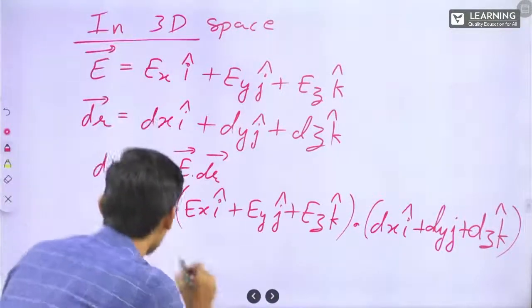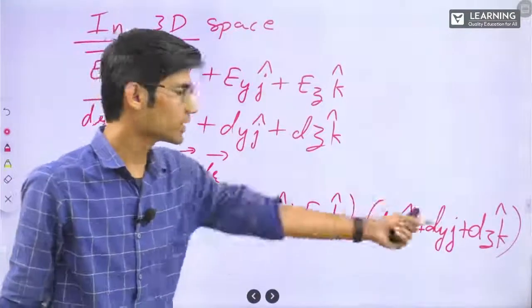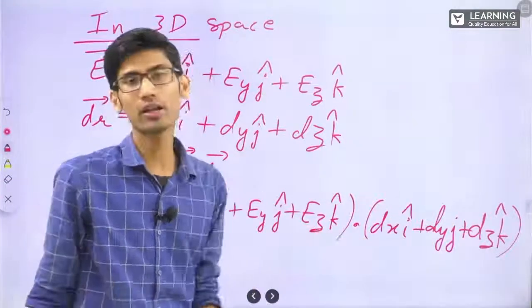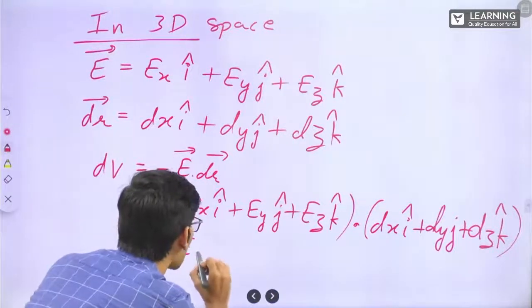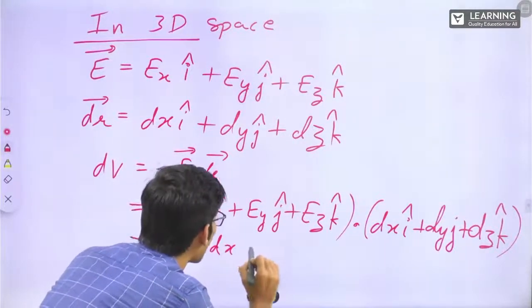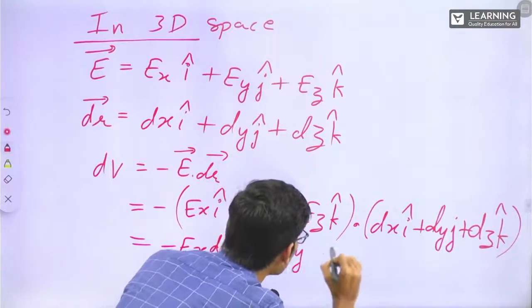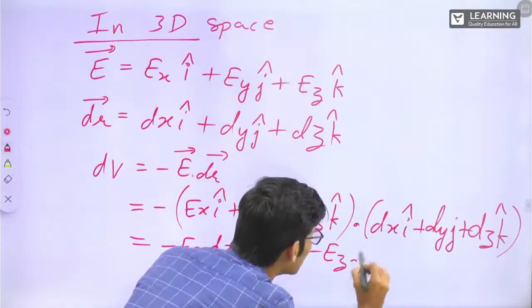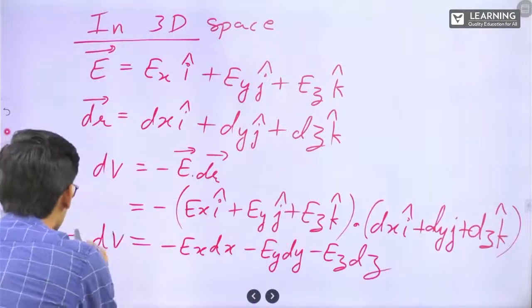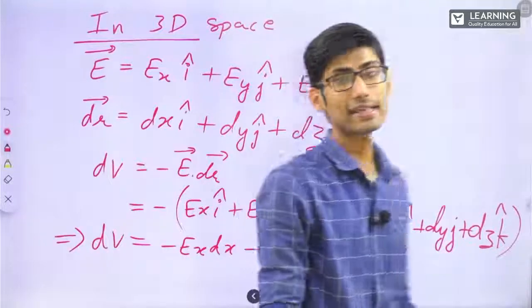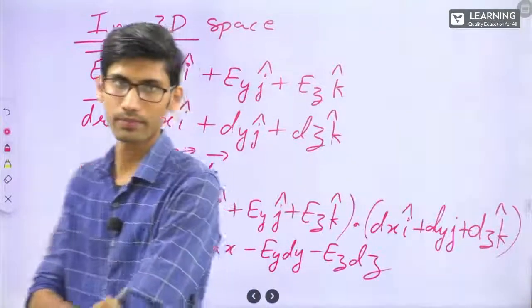What will it come? Minus, i will multiply i, j will multiply j, the term having k will multiply k, right? So this will be Ex dx minus Ey dy minus Ez dz, correct? This is dV. dV is equal to minus Ex dx minus Ey dy minus Ez dz.